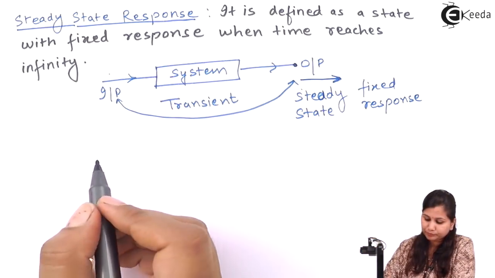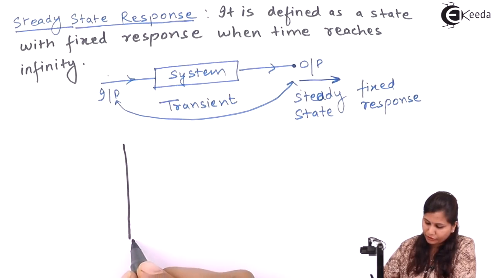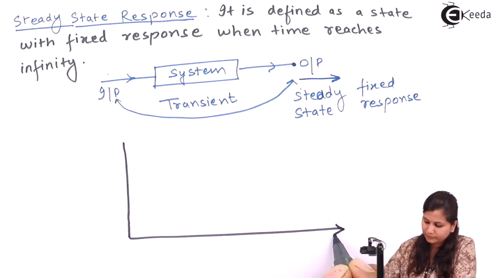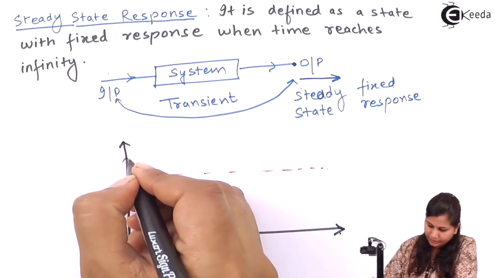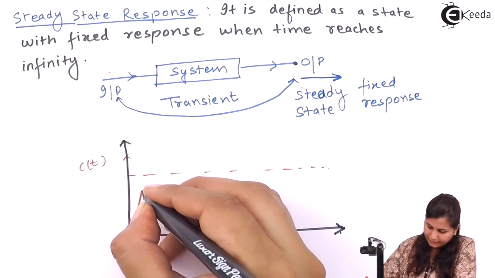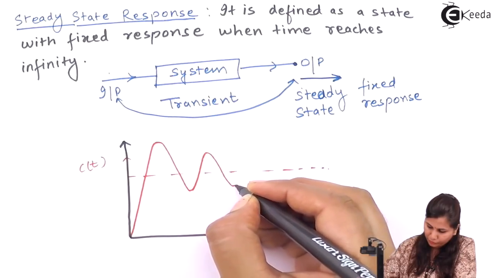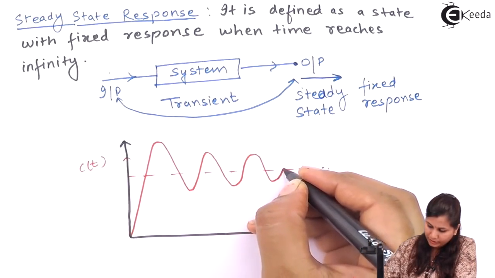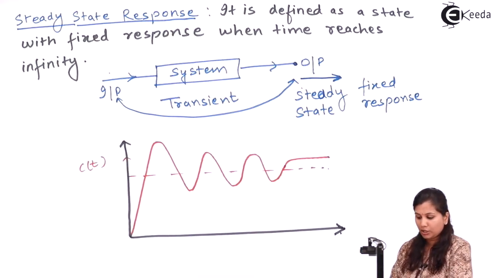Okay, if we make a graph for the response of a system, here we have the reference line, and this is our output, the variables changing, or the output of the system for an input.